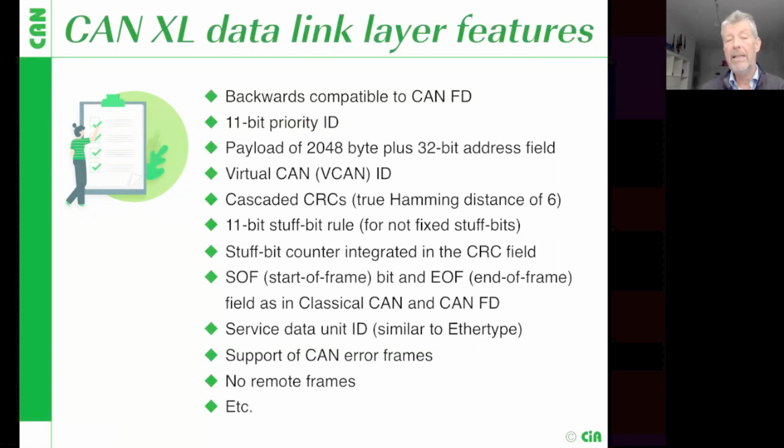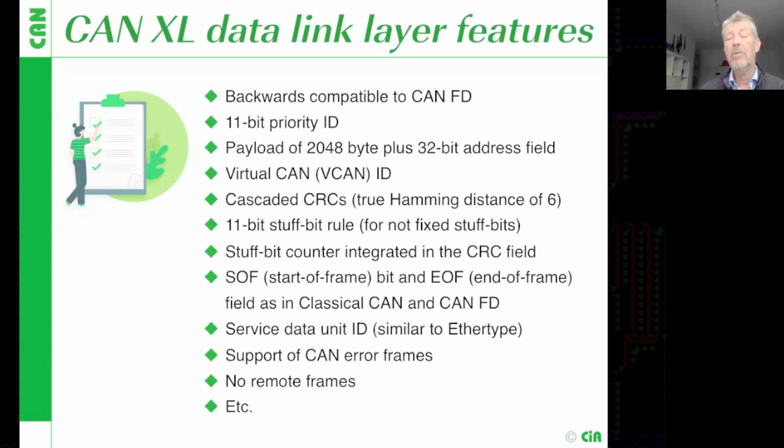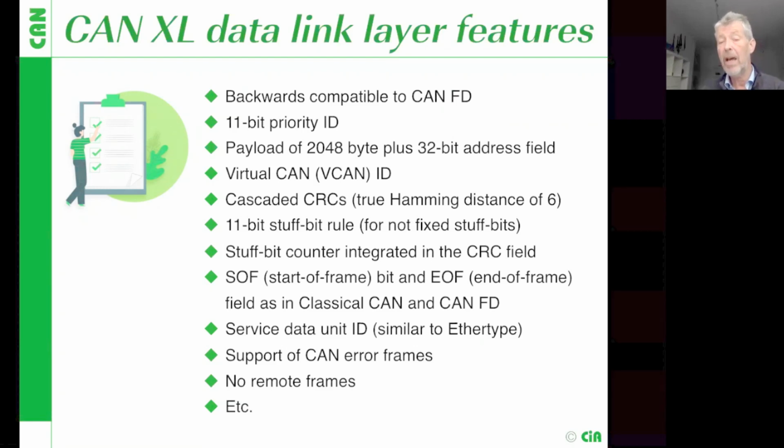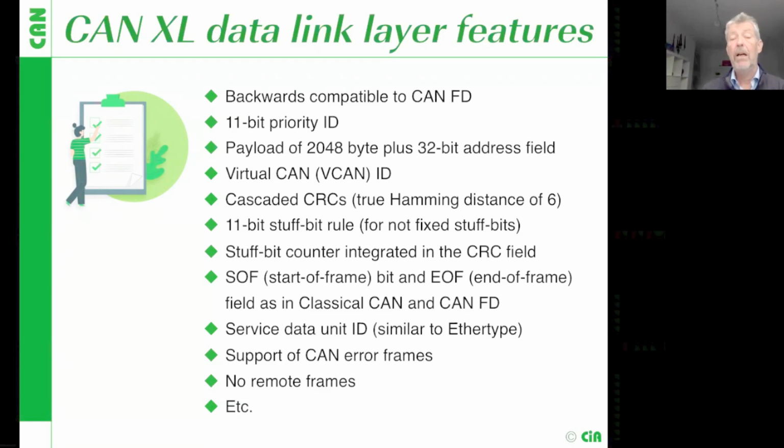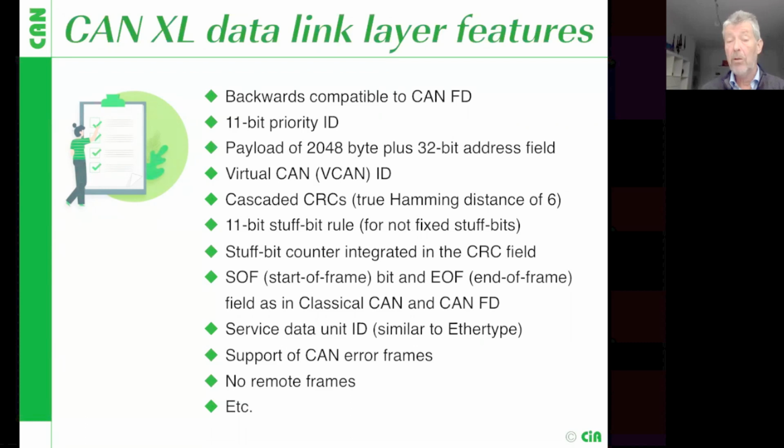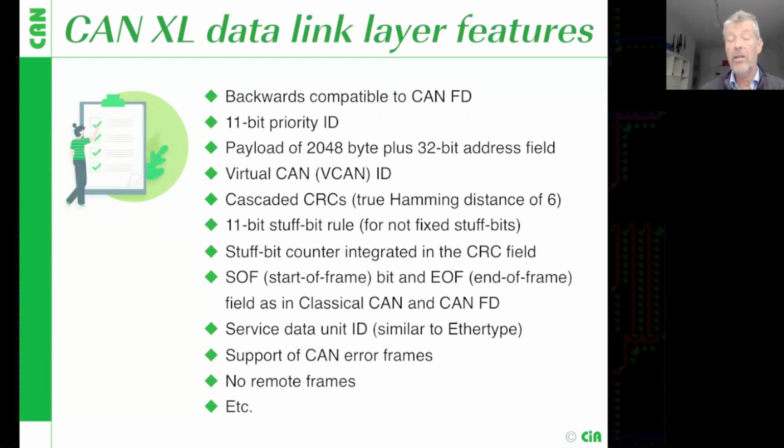We learned our lesson, and we want to improve the reliability by means of a cascaded CRC, which provides a true Hamming distance of 6. Also, this will be discussed in more detail. Because we intend to have a higher throughput, meaning a higher bit rate, we can change the well-known bit stuff rule.